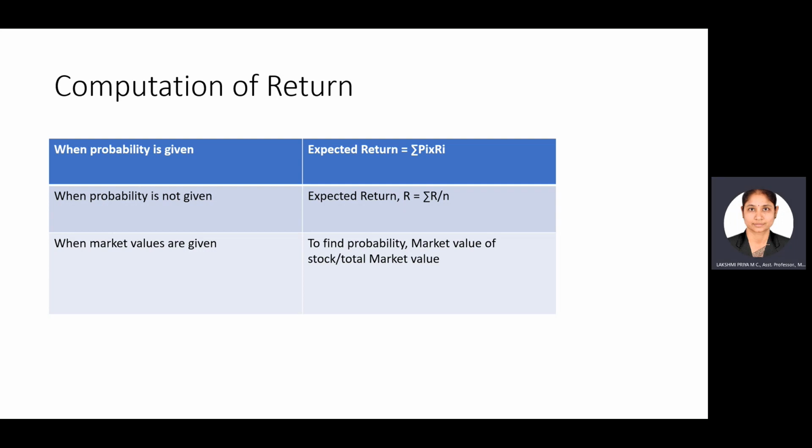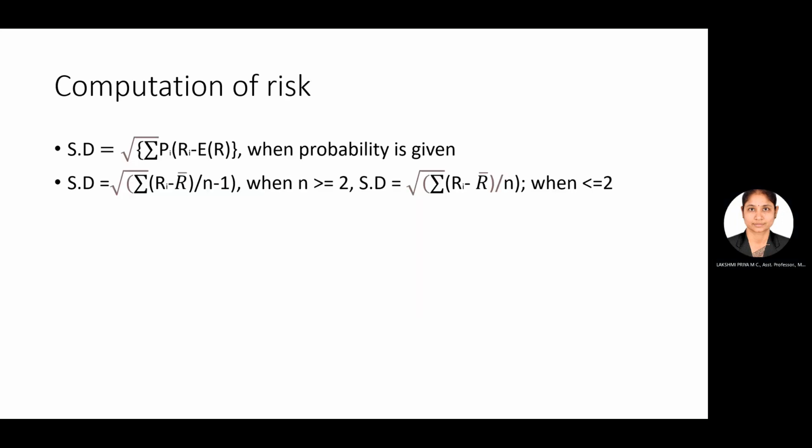You have to convert the market values into weights and hence you can proceed to calculate the expected return by using the formula summation Wi into Ri.